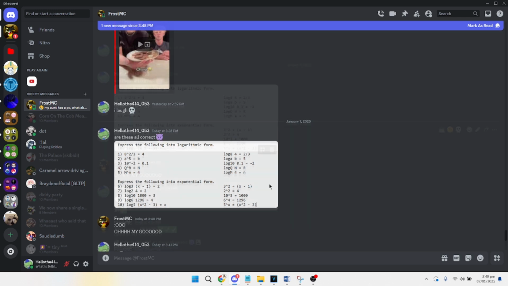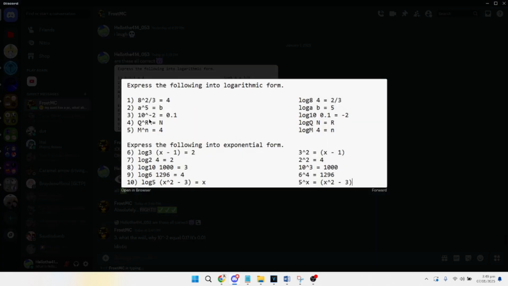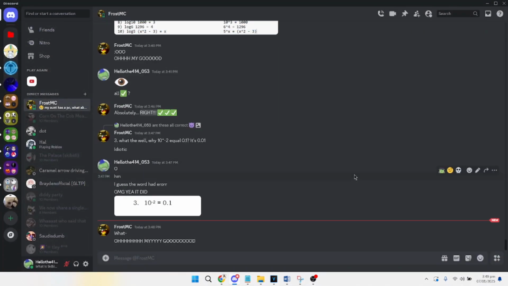You see number 3, where it said 10 raised to negative 2 equals 0.1. It is actually incorrect because there is a missing zero. Therefore, the answer would be 0.01 and not 0.1.